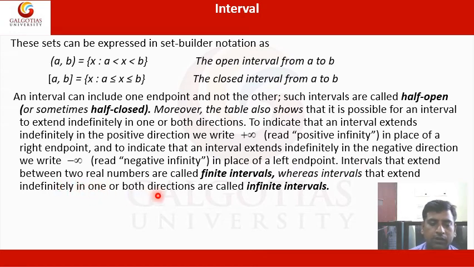And to indicate that an interval extends indefinitely in the negative direction, we write minus infinity, read as negative infinity, in place of the left endpoint. The intervals that extend between two real numbers are called finite intervals, while the intervals that extend indefinitely in one or both directions are called infinite intervals.